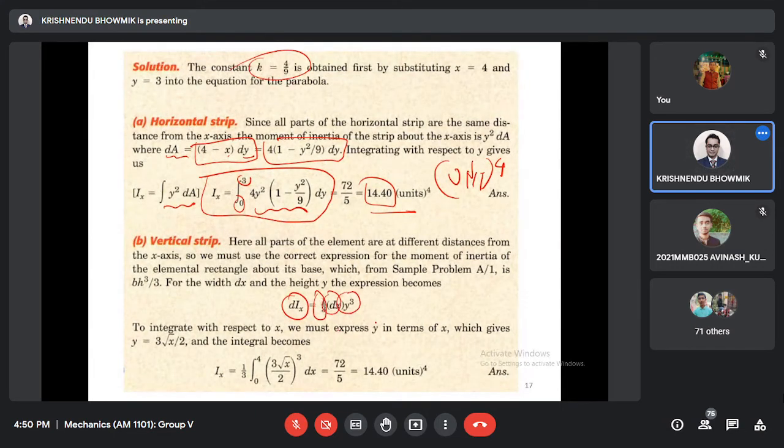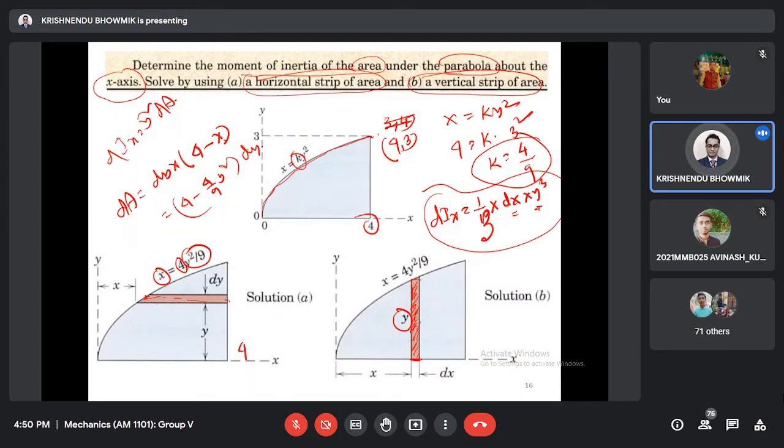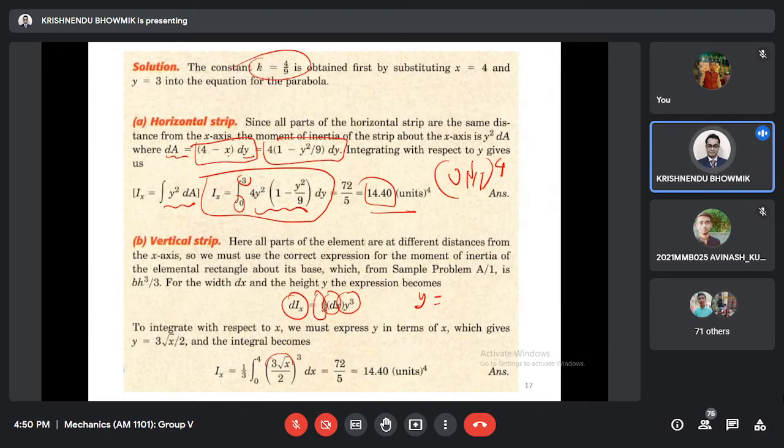Then this y we have to put in terms of x. Let me check here. Y square equal to 9 by 4 x, y equal to 3 by 2 square root x. Yes, 3 by 2 square root x. Then you do the integration, same value you will get.